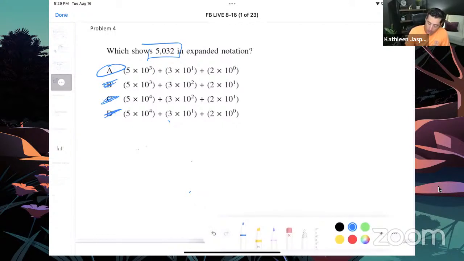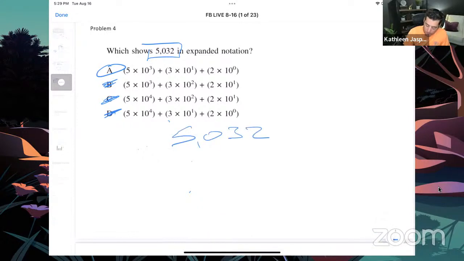With 5032, it basically breaks down to 5,000 plus, in this case, no hundreds, 30, and 2. So how can I make 5,000?